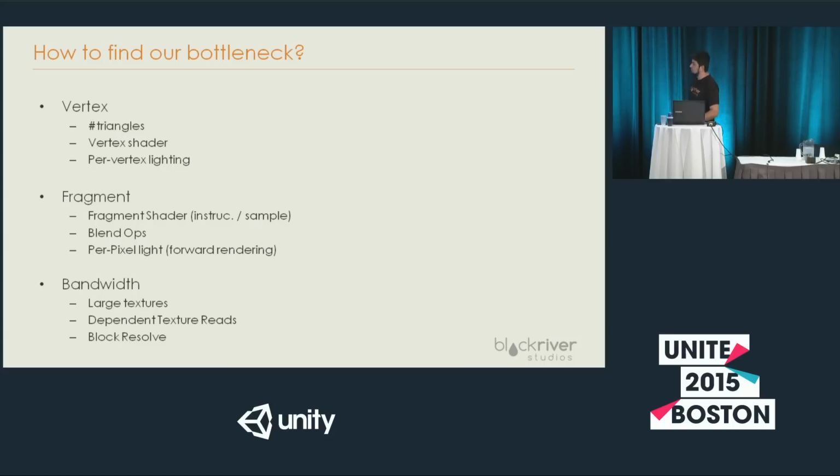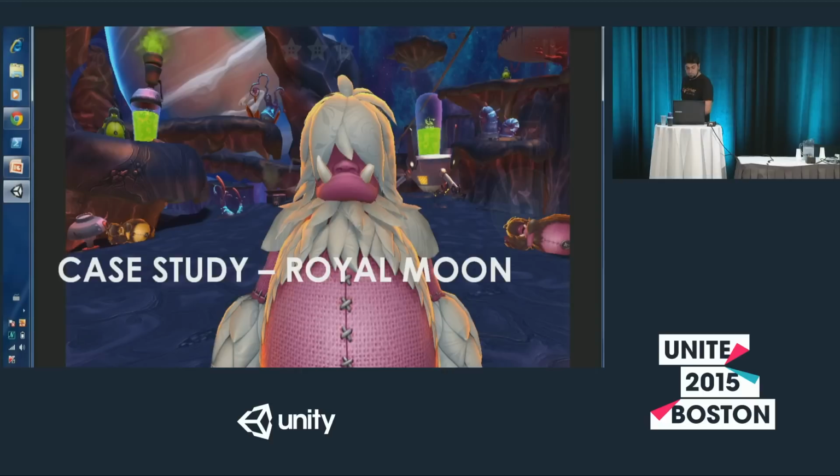But if you do dependent texture reads, you have some overhead there. And block resolves, like when you're rendering through big render textures, or doing things like grab pass. Grab pass is awful for mobile. These are things where you need the GPU to stop to read something.